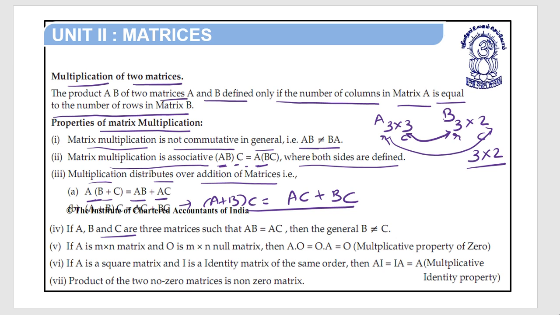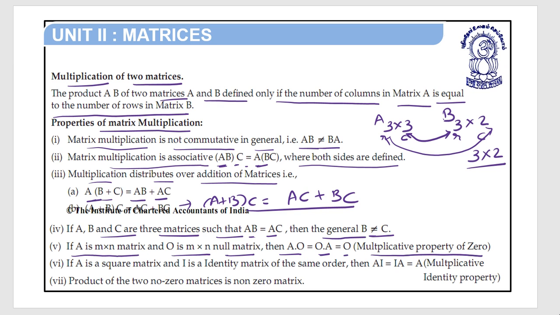If A, B and C are three matrices such that AB is equal to AC, then in general B is not equal to C. If A is an M by N matrix and O is an M by N null matrix, then A into O is equal to O into A is equal to O, meaning 0.